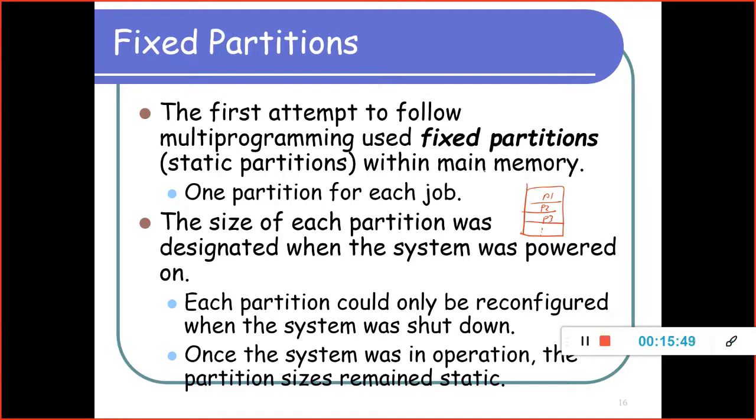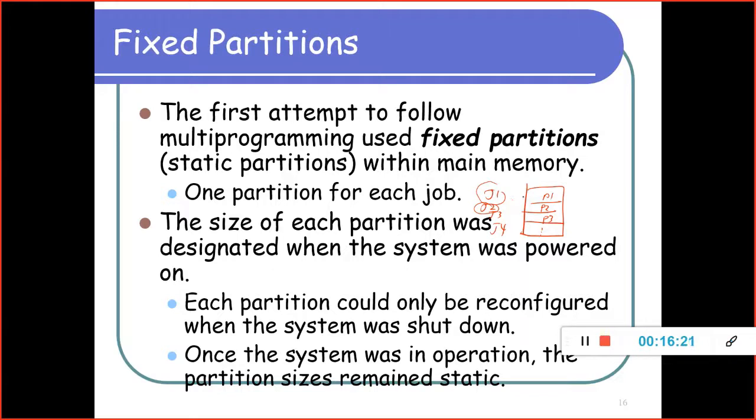Let's say at the same time, job 1, job 2, job 3, and job 4 are coming. The memory will be allocated based on the size of these jobs. Each partition can only be reconfigured when the system is shut down, meaning that the first batch J1, J2, J3, J4 will determine the size of each block in main memory.